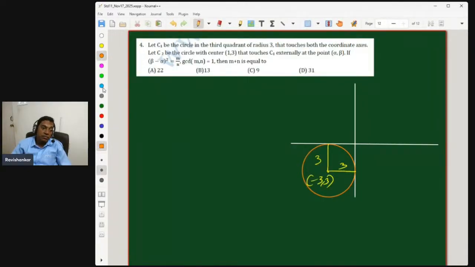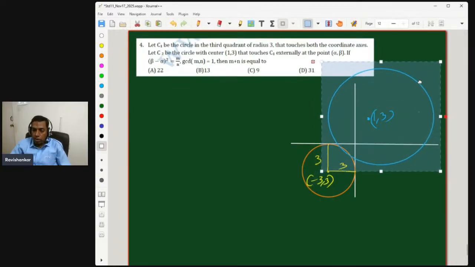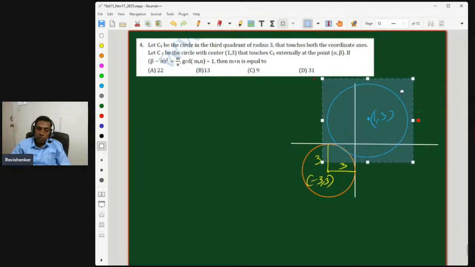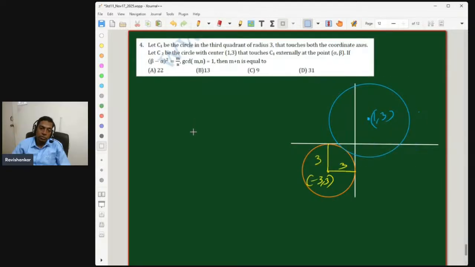There is another circle with center 1 comma 3, and this touches the other circle, so this is how it's going to be, at the point alpha beta.